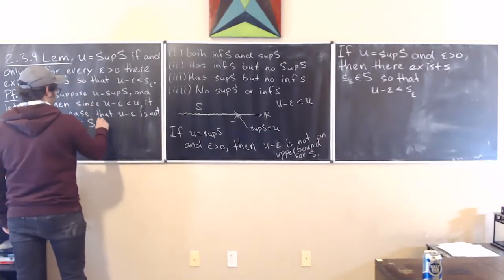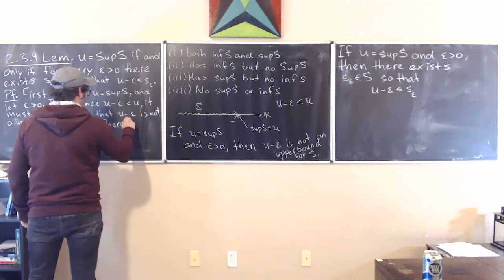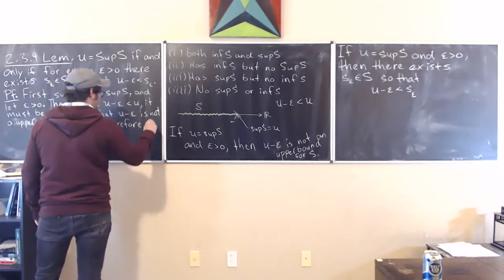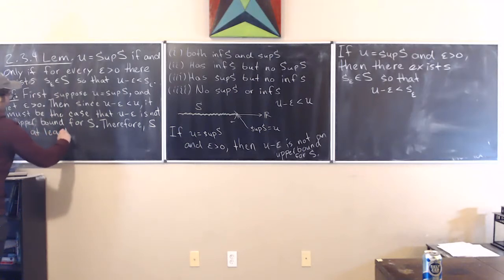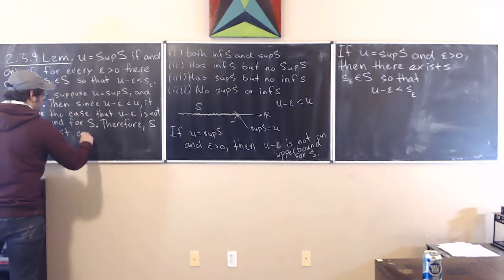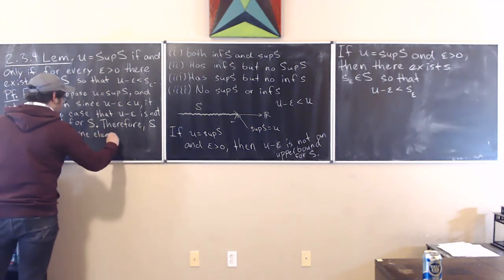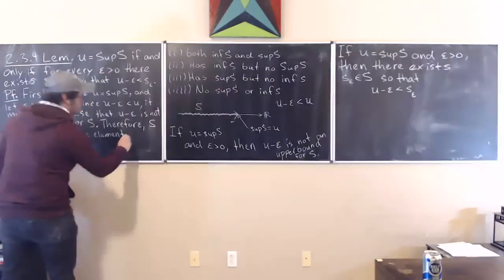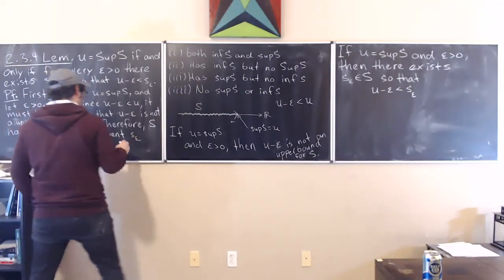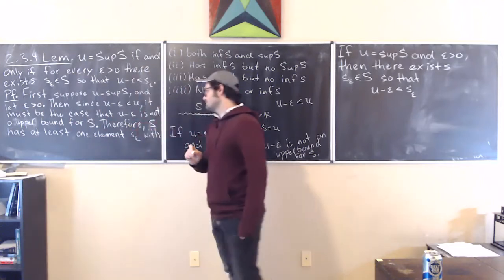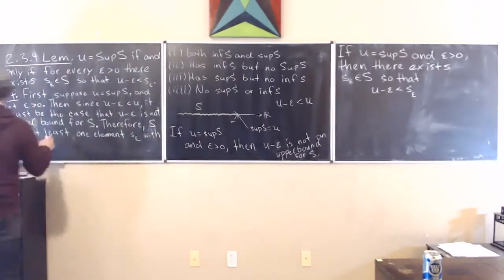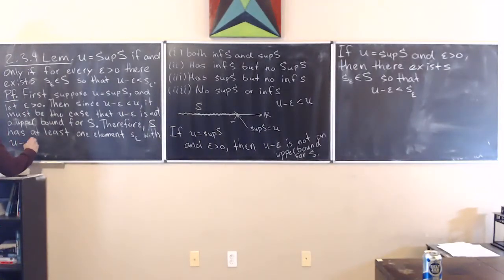So we can say, therefore, S has at least one element, I'm going to call it S sub epsilon, with U minus epsilon strictly less than S sub epsilon.